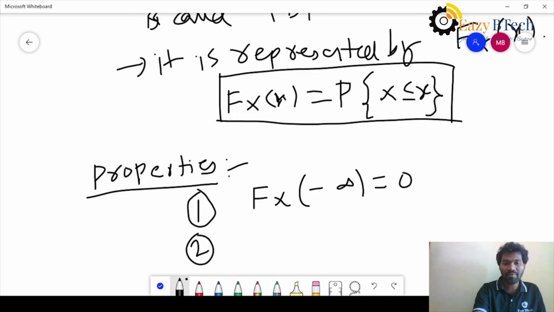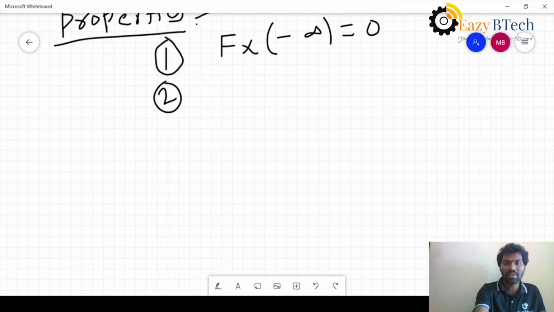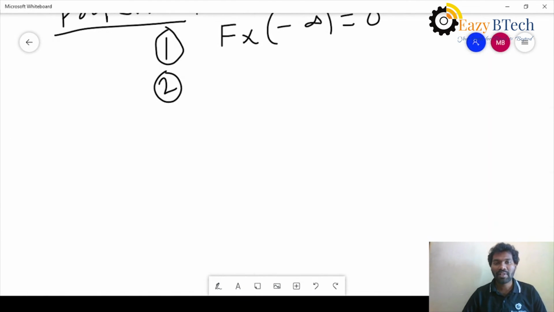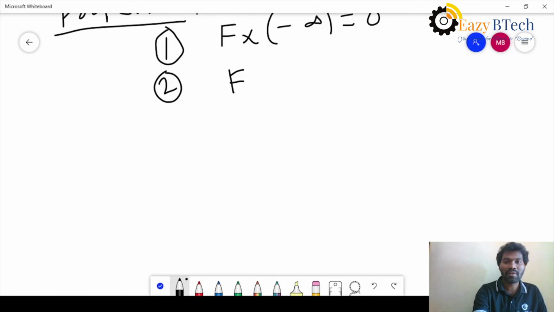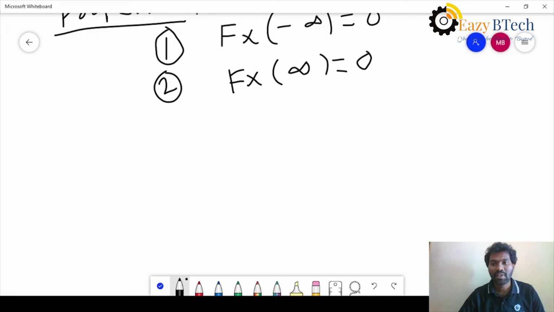The second property is F_X of infinity is equal to 1.